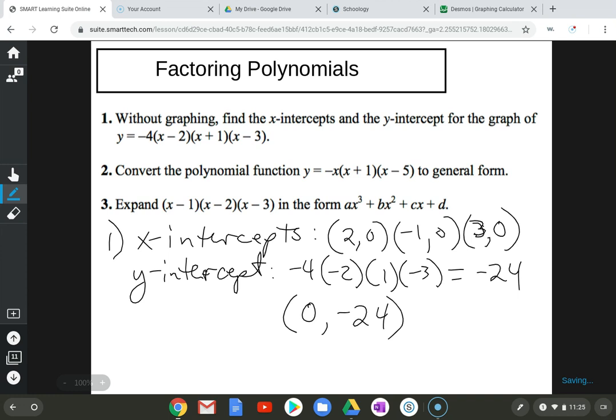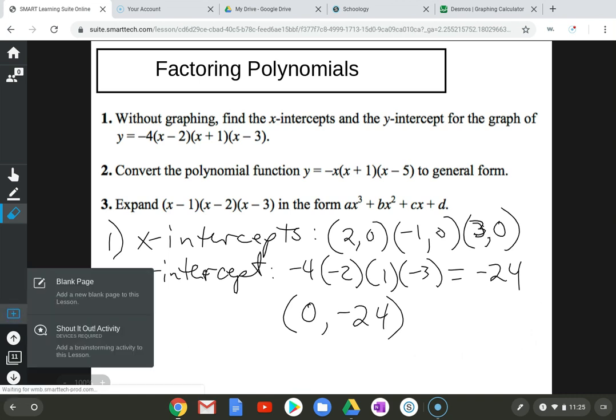All right. Number 2, to convert the polynomial to general form, I'm going to erase number 1. Maybe I need to just add a page. Let's go ahead and add a page. -x times x plus 1 times x minus 5. All you have to do is distribute.